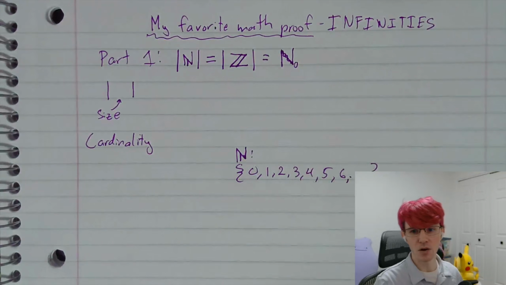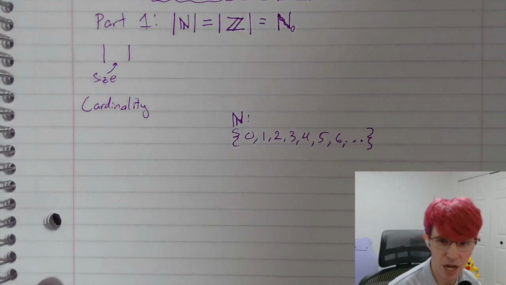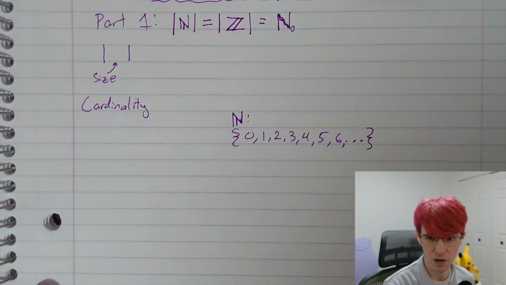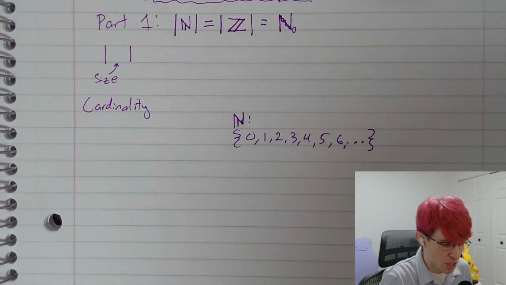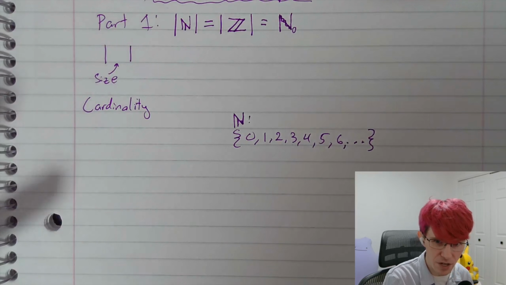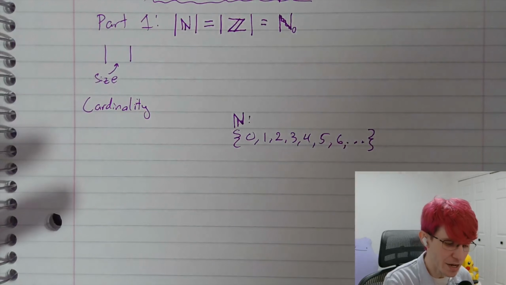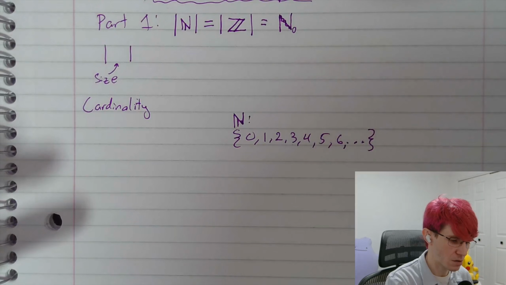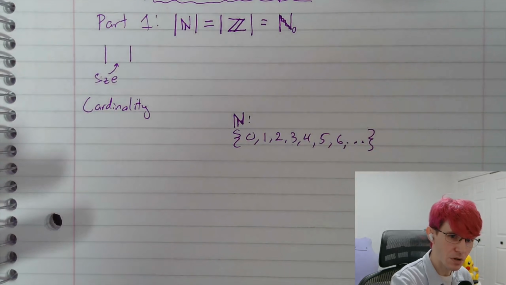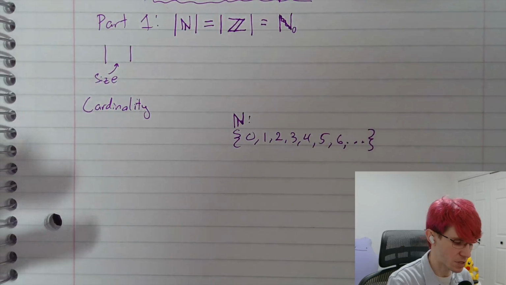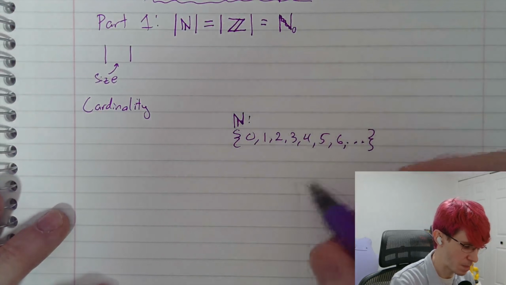We're trying to ask ourselves, how many is this? Well, clearly it is an infinite size. It keeps on getting bigger and bigger. No matter what number you give me, I can give you a bigger number. Because of that, we'd say that this is going to be infinity.